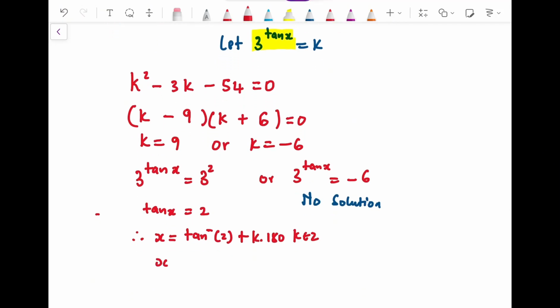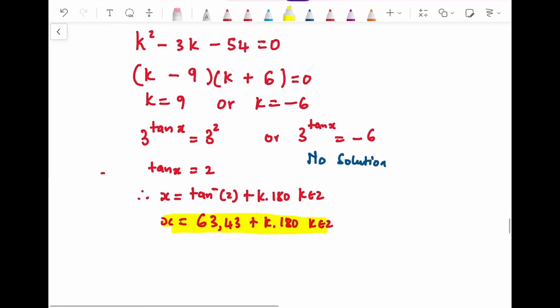So arctan of 2 is the same as 63.43 plus k multiplied by 180, where k is an element of integers. So here is your solution for this question. So our x is equal to 63.43 plus k multiplied by 180, where k is an element of integers.